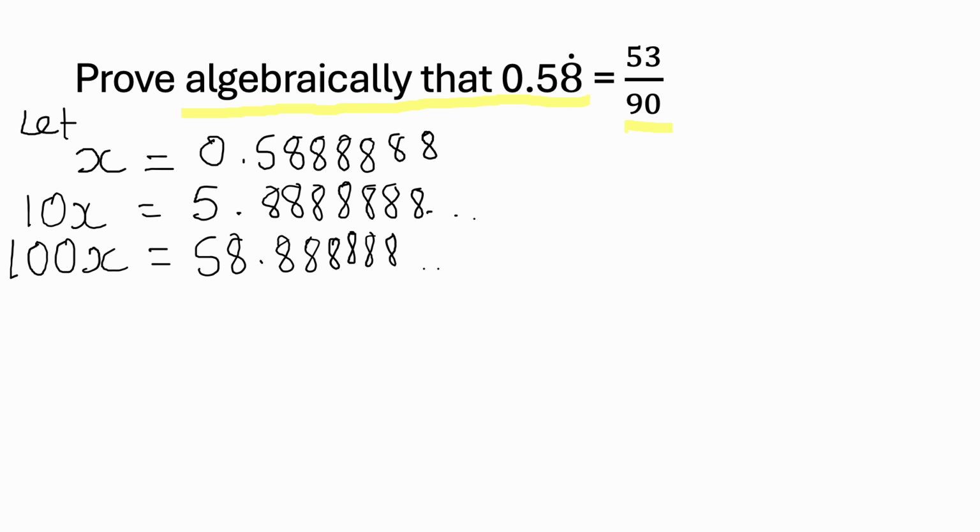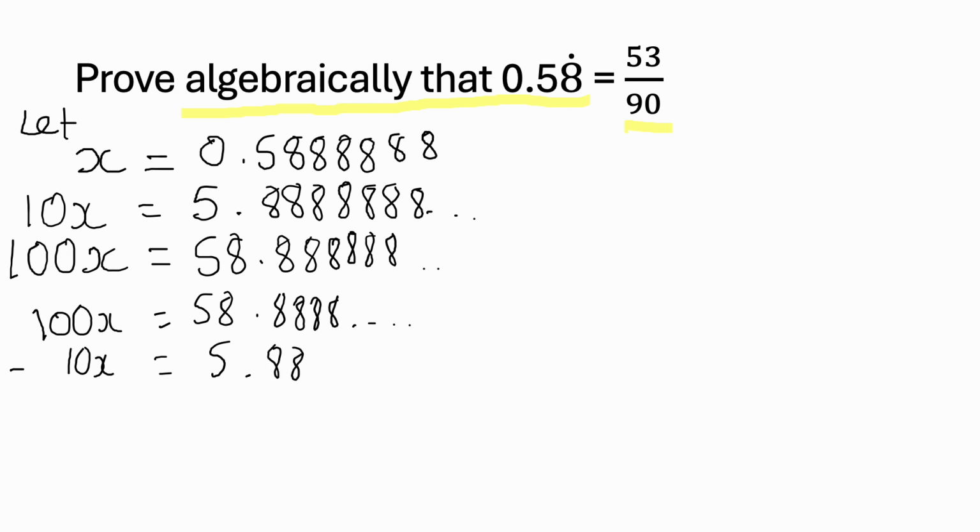So if we subtract them away from each other, then we can get rid of these 8's at the end. So we do 100x subtract 10x. So 58.8888 and then 5.888. The 8's will cancel out.